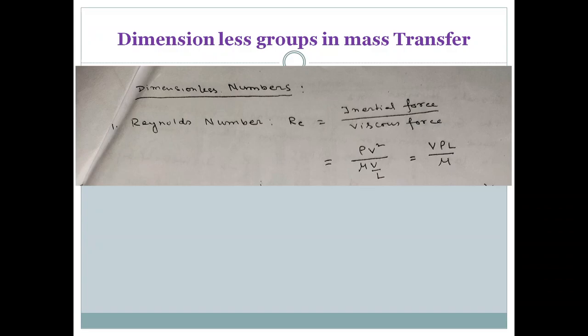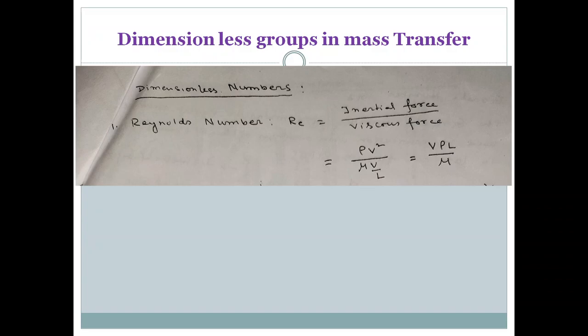And the beauty of the dimensionless number is this: if you take the Reynolds number for pipe flow, the geometry is fixed, it is a pipe of any diameter. And if you take any fluid, of which there are thousands, up to a Reynolds number of 2100 the flow will be laminar.